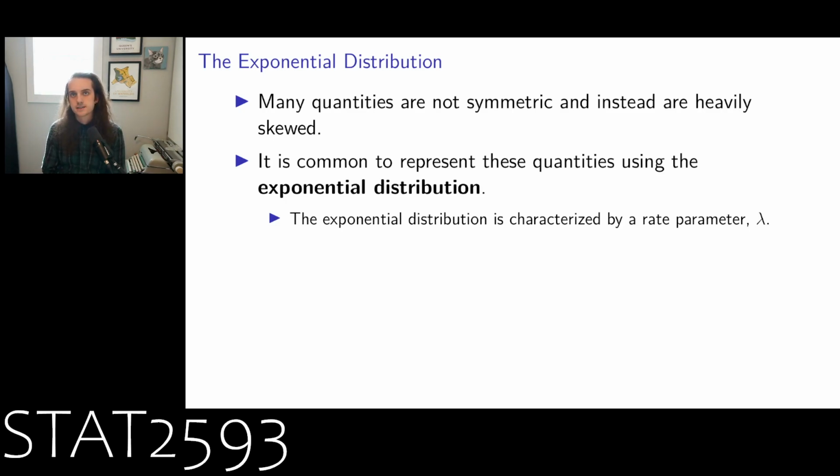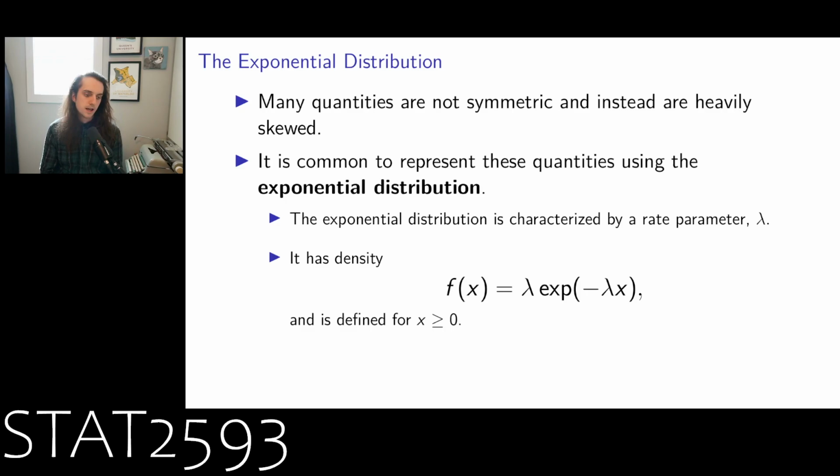We characterize the exponential distribution with what's known as a rate parameter, and that rate parameter is typically denoted by lambda. The density is actually quite straightforward to write down. We take the density to be lambda times e to the negative lambda x.